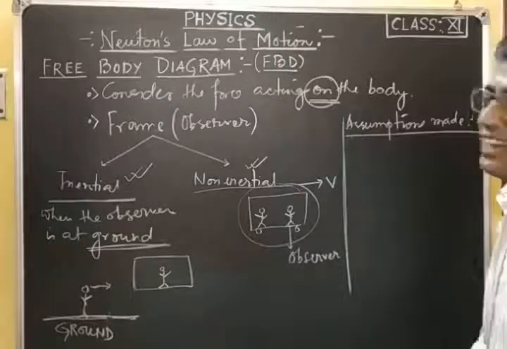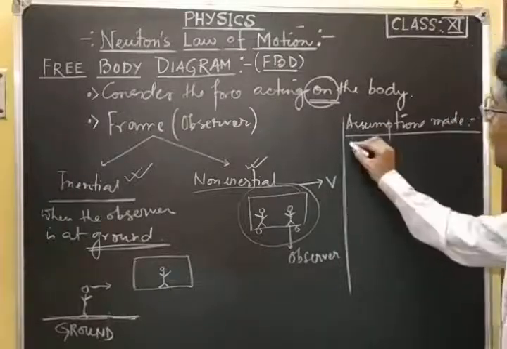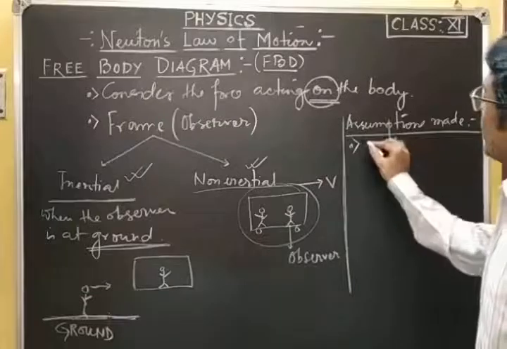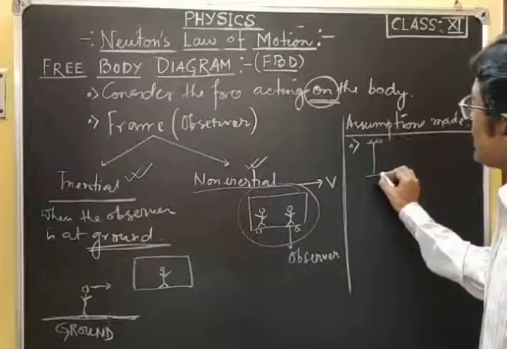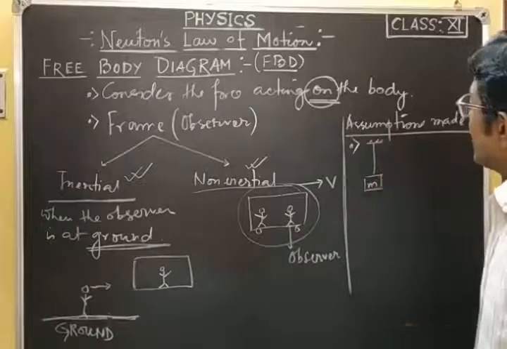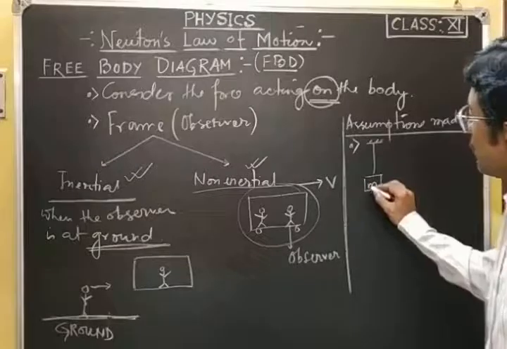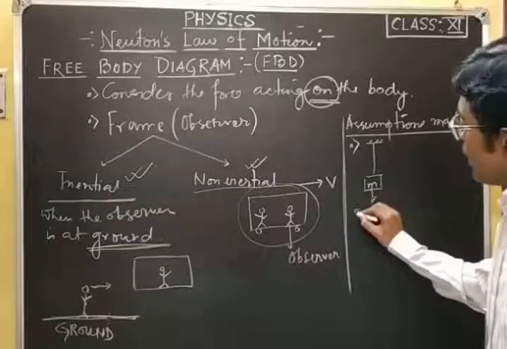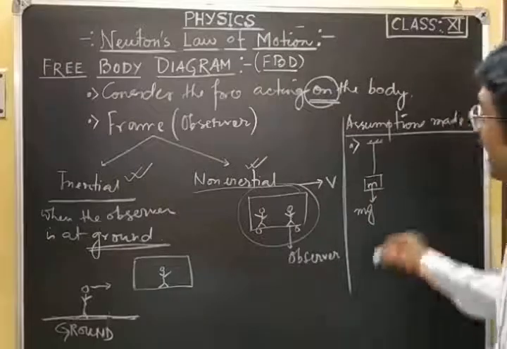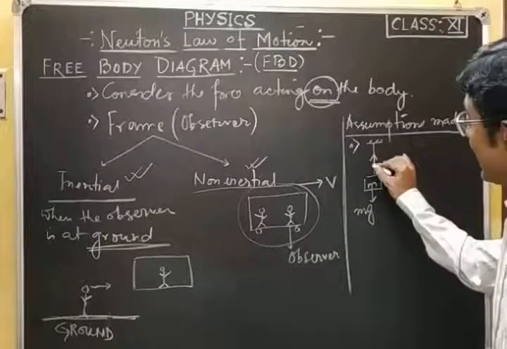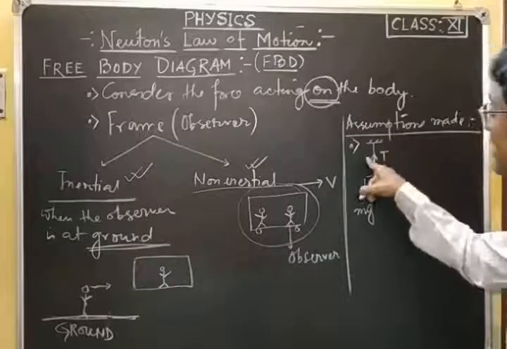If you find it very difficult to answer this, number 1, say one thing is hanging from a string. This is mass m. So naturally we can say the weight of the body acts downward, and the tension force, or the tensile force, acts on this thread.